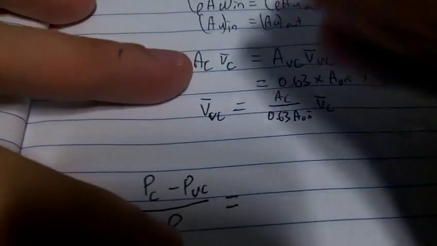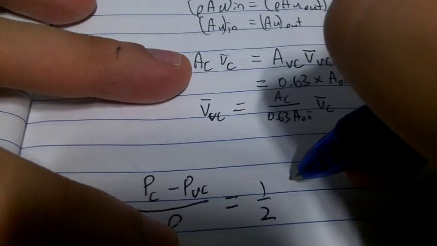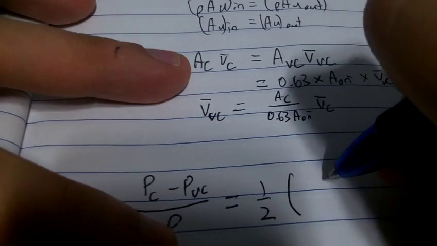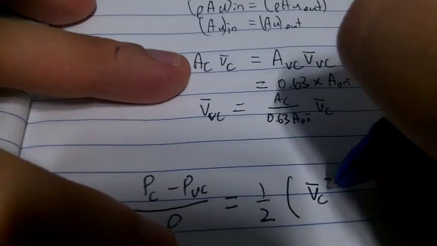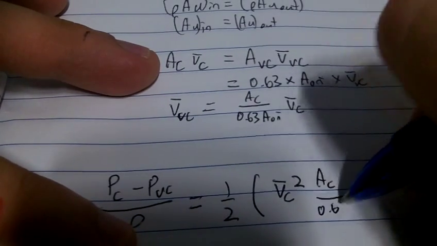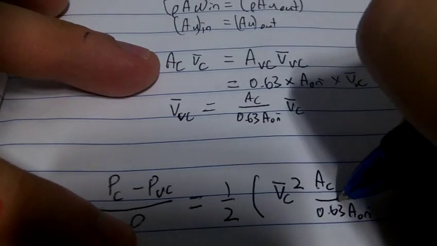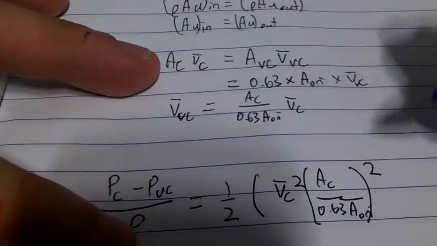So we have P_C minus P_VC over rho equals half V_C squared times A_C over 0.63 times the area of the orifice, whole thing squared.